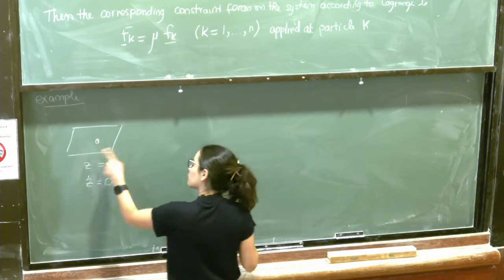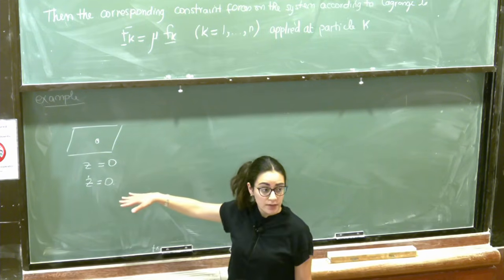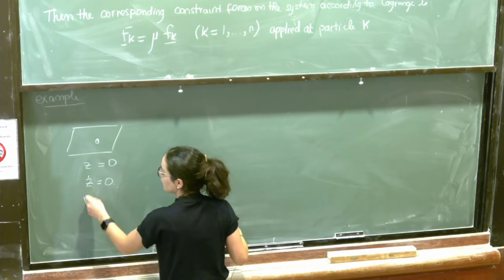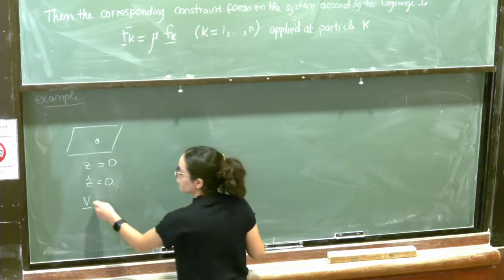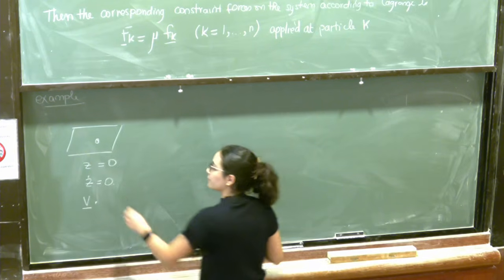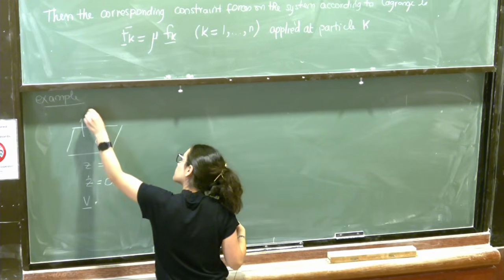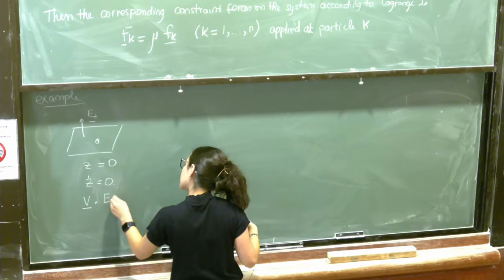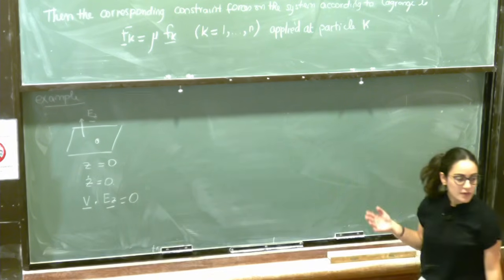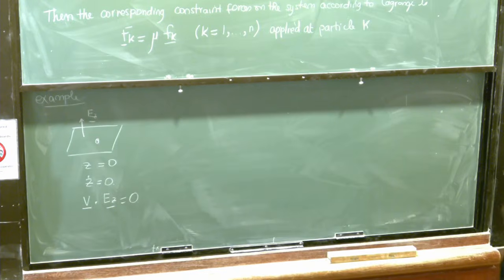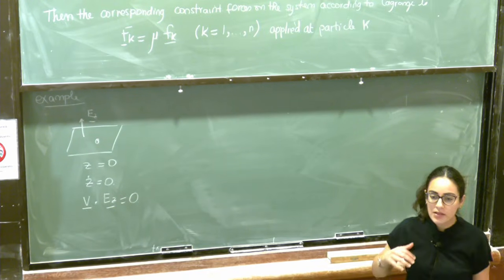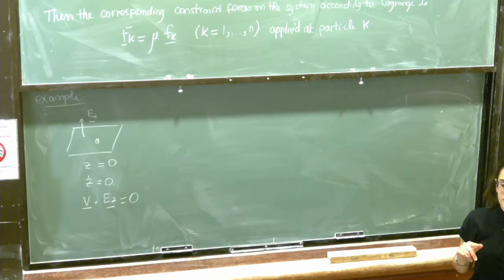So the particle is moving on the plane z equals 0. Its velocity satisfies z dot equals 0, which can be written as the velocity of the particle dotted with which vector? Ez. V dot Ez is equal to 0. So now I have this constraint written in the form above. Now, according to Lagrange, what is the constraint force acting on this particle?